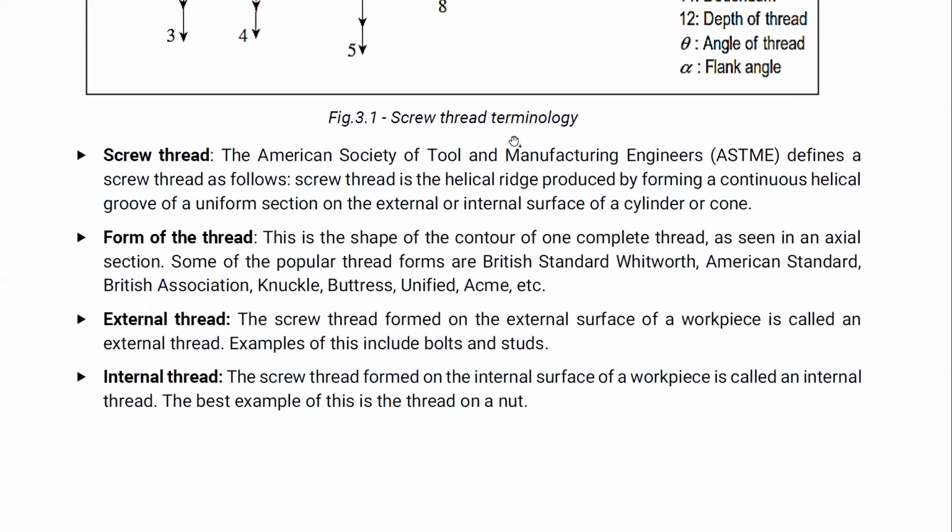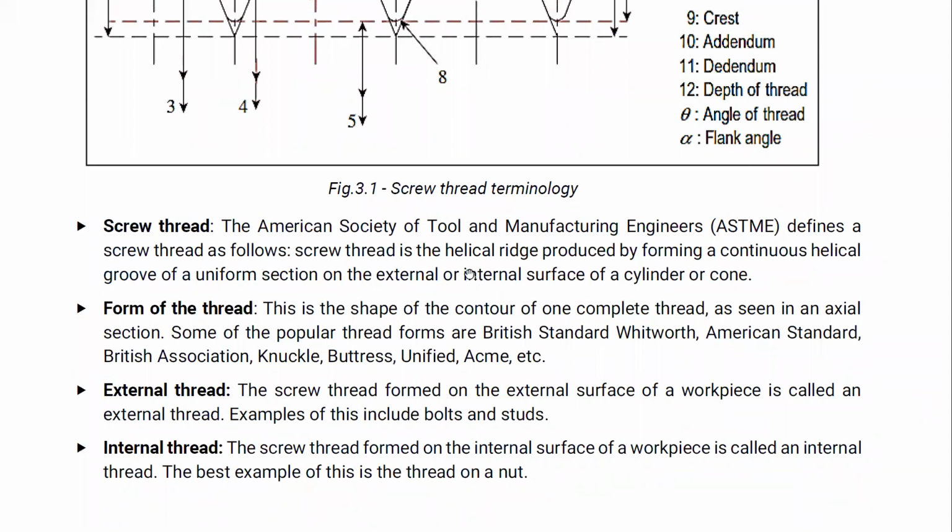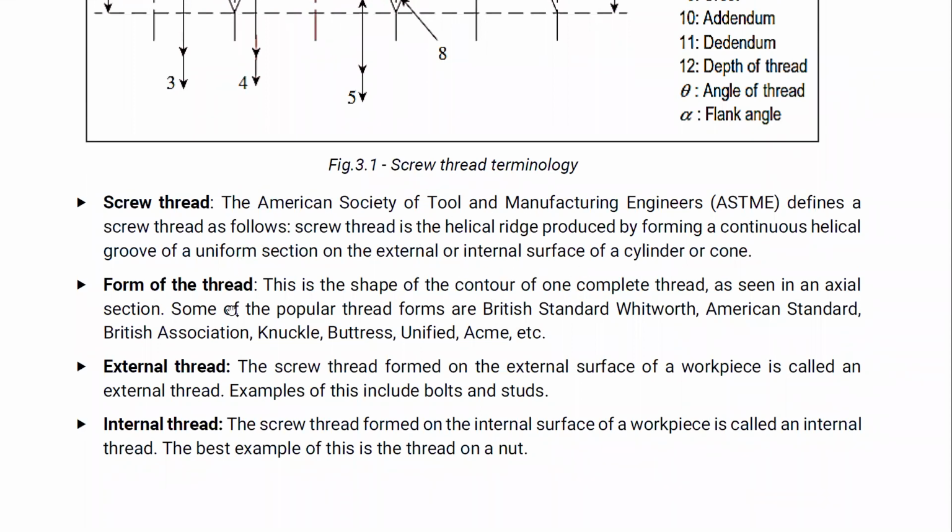There is one cylinder or cone, and on its external or internal surface helical grooves are found, and that is called a screw thread. Now the form of thread. This is the shape of the contour of one complete thread as seen in an axial section.